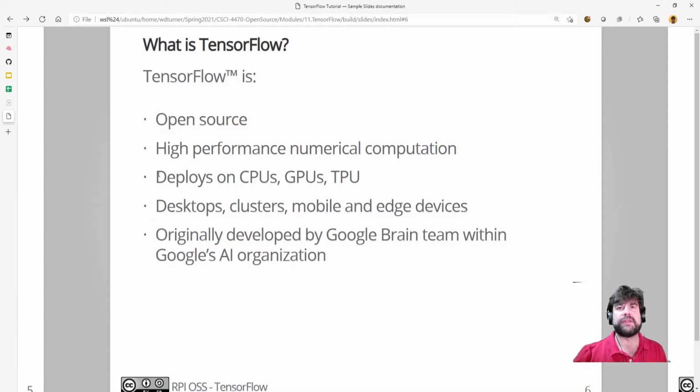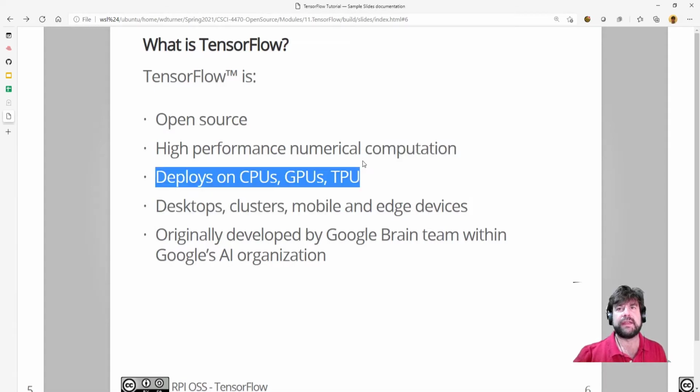Because it's high performance, it deploys on CPUs, GPUs, TPUs. In other words, they are pursuing cutting edge type of applications. It is largely tensors, which are essentially multi-dimensional arrays. So numerics are a big part of what they do.